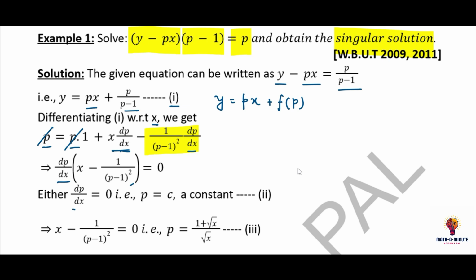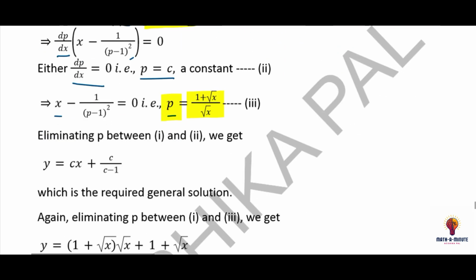So from this equation we get one solution of p: dp/dx equals 0 implies p equals c. And from x minus 1/(p minus 1) whole square equals 0, we can write p in this format: p equals 1 plus square root of x divided by square root of x.